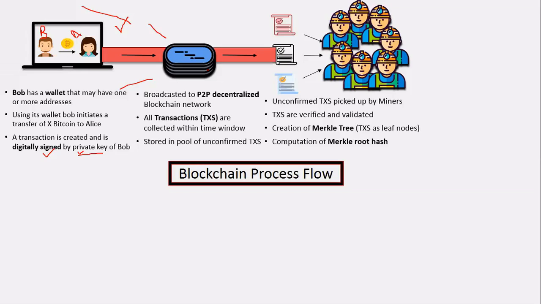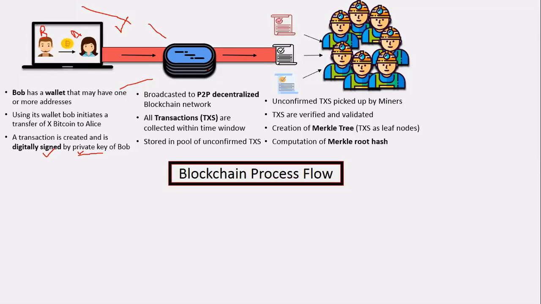So if you compare it with the bank system, let's say the bank has centralized servers where you are not allowed to participate and you cannot put your database or your servers in their premises, right? But here in blockchain technology, there is no central authority. Anyone who has computational capability can join the network and can become a miner.